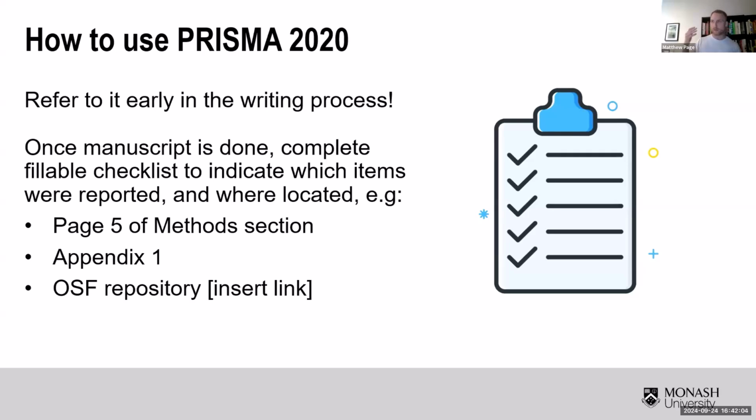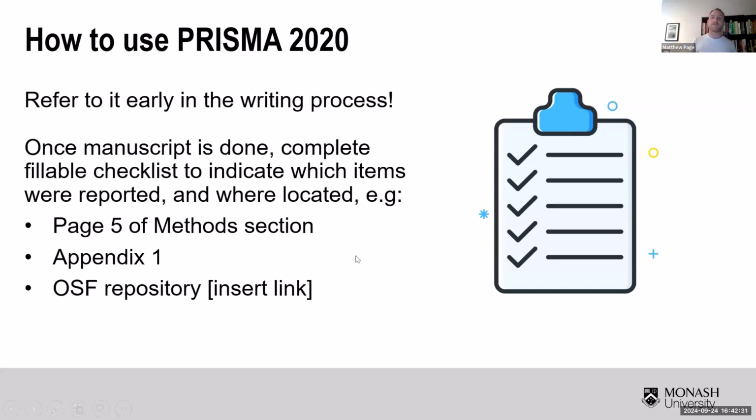So as Paul said, creating templates which essentially map the reporting checklist items into, say, a Word document is a potentially useful activity. And that's something that my colleagues and I at Monash University in Melbourne are starting to look at: developing templates for PRISMA 2020 and rolling them out to see if they have an impact on improving authors' reporting.